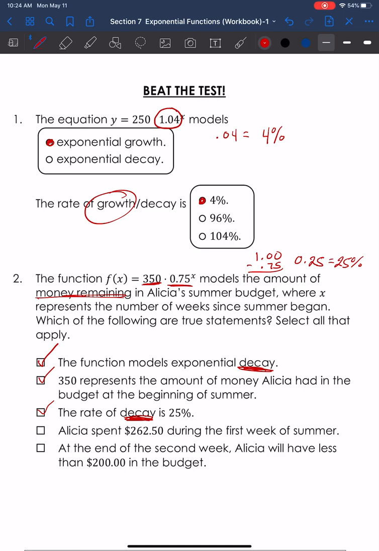Alicia spent $262.50 during the first week of the summer. We see that the weeks tell us our exponent.